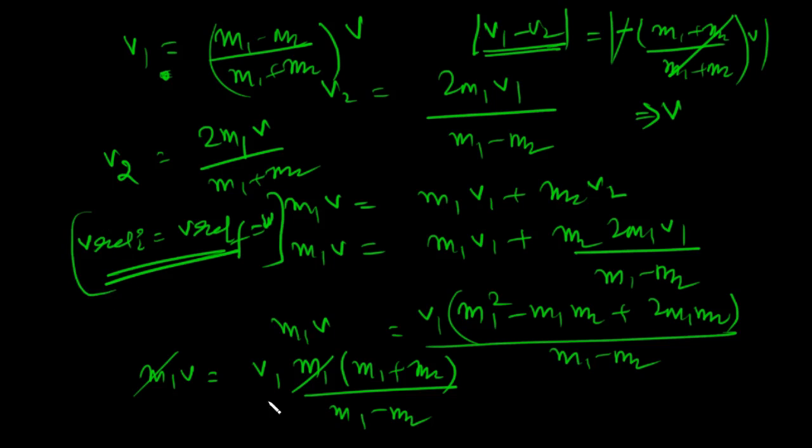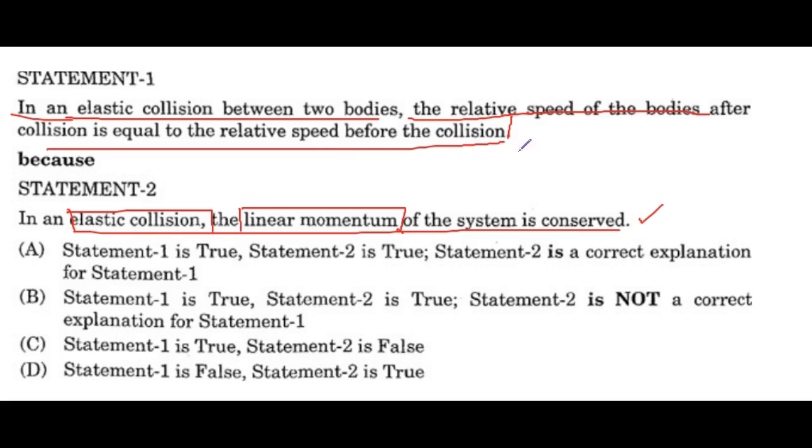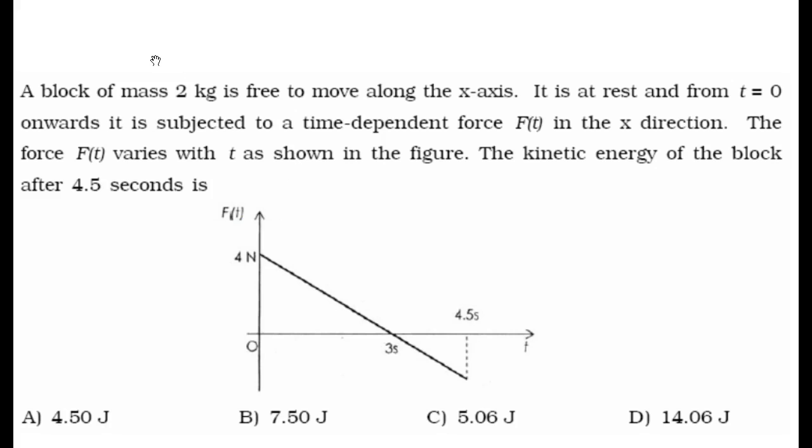So the first statement here is correct, second is also correct, and second is the correct explanation of the first statement. In my analysis A is the correct answer. Okay, alright, so let's move on to the next question.